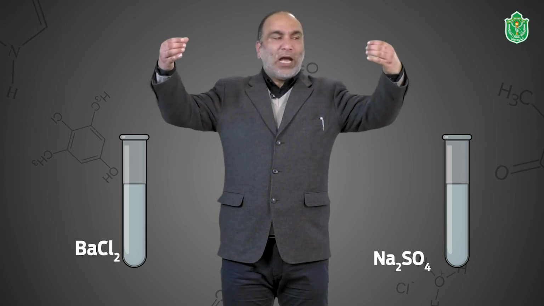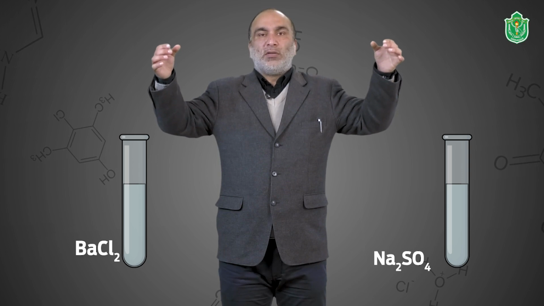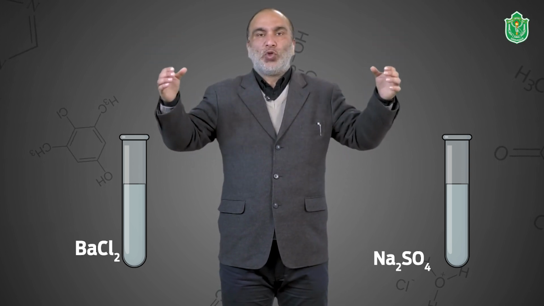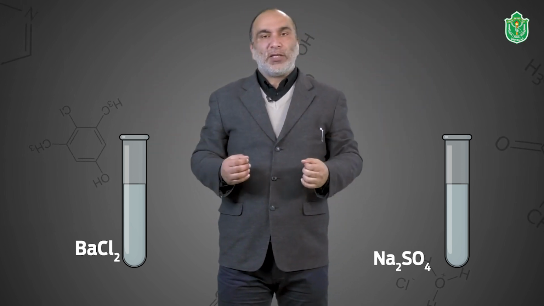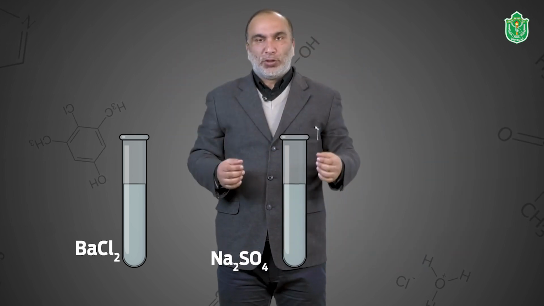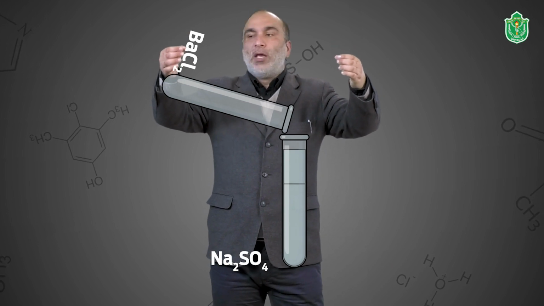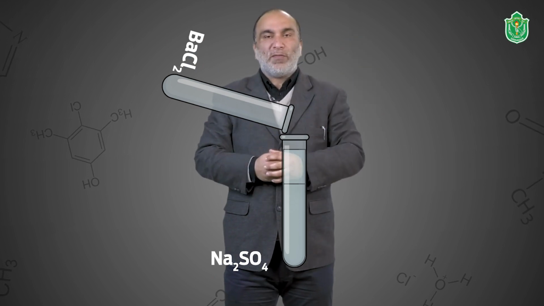When I look into these aqueous solutions, they are totally transparent, just water-like in their appearance. Now what I do, I mix these two aqueous solutions. Let me introduce the aqueous solution of barium chloride salt into the aqueous solution of sodium sulfate.